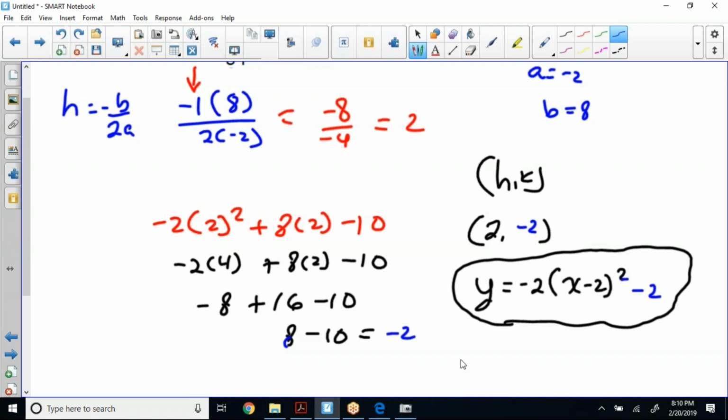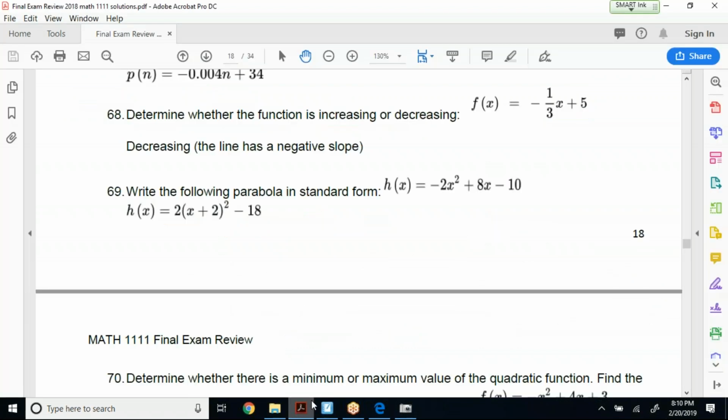What did they use? 18? They done exactly what I done. Okay. Hold up. It can't be a positive 2 times that because the A is negative, right? The A of the standard form is the same as the A in the vertex, right?